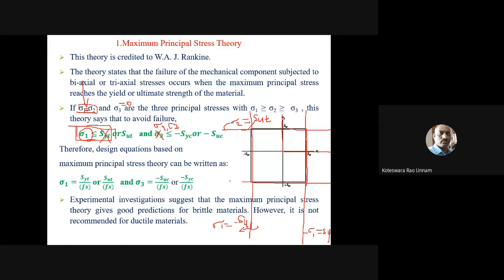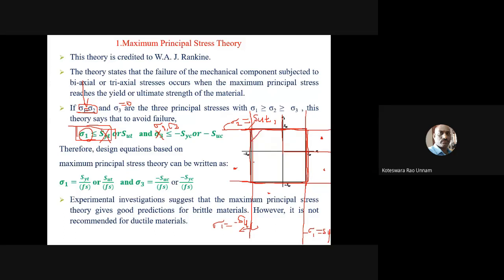If the point lies beyond these lines, it is going to fail. Suppose I have a point here, or here or here. If your design point lies beyond this, this is the region bounded by all these 4 equations.